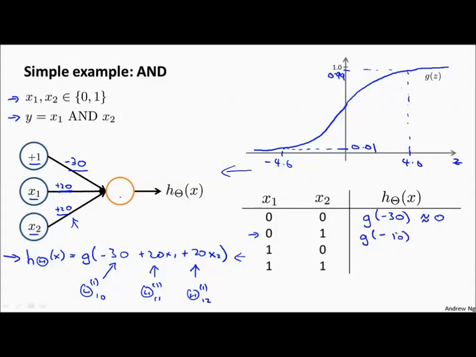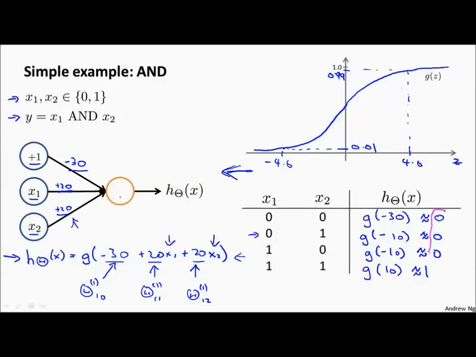And again, that's to the far left of this plot, and so that's again very close to 0. This is also g of minus 10, that is if x1 is equal to 1 and x2 is 0, this is minus 30 plus 20, which is minus 10. And finally, if x1 equals 1 and x2 equals 1, then you have g of minus 30 plus 20 plus 20. So that's g of positive 10, which is therefore very close to 1.